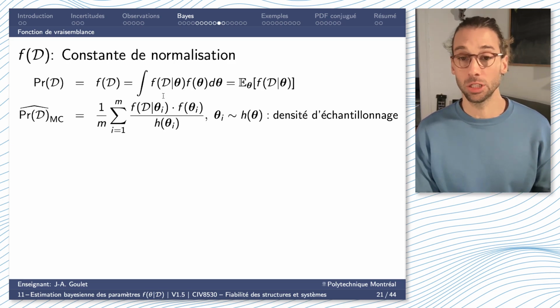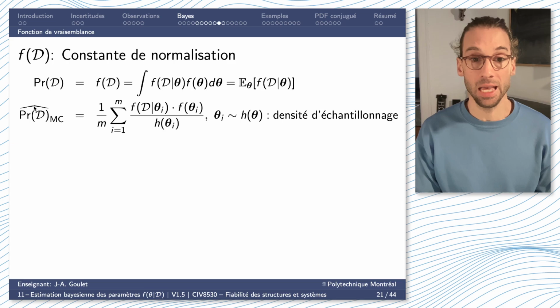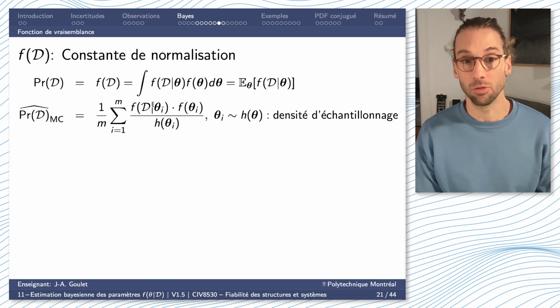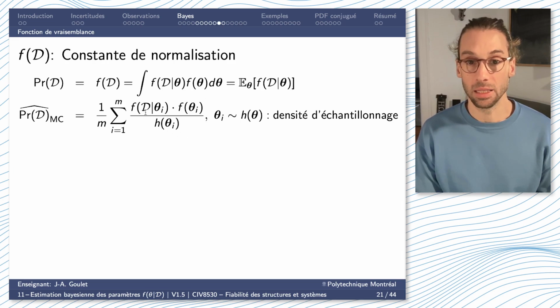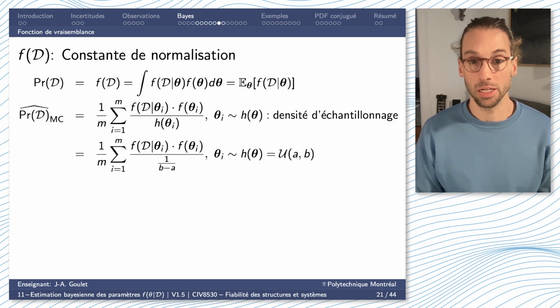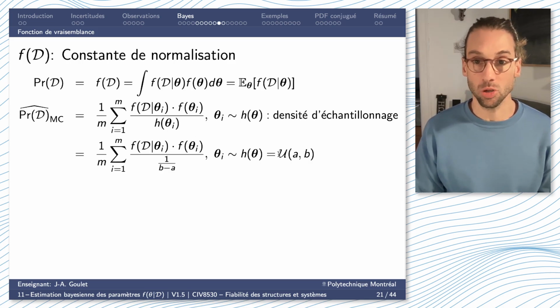If I try to do this with Monte Carlo sampling, my estimate for that normalization constant is going to be 1 over n, the number of samples, times the sum of my likelihood for a sample of theta times the probability of theta, divided by my sampling density. In the case where I use, say, a uniform distribution to take my samples, I would need to put 1 over b minus a, the probability density for the uniform distribution, in the denominator.